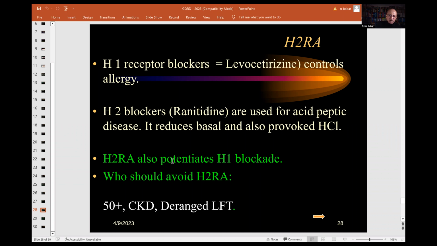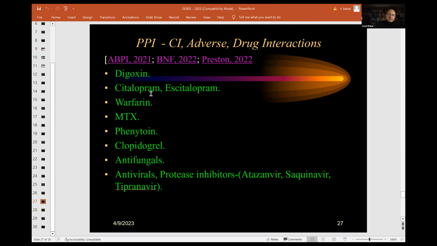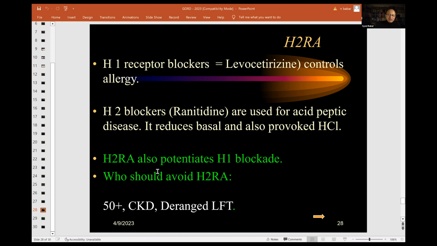So who should avoid H2 receptor antagonist? Obviously, basically someone who is on these, and also it is usually 50 plus, someone with chronic kidney disease and deranged liver functions. There are other alternatives to H2RA.